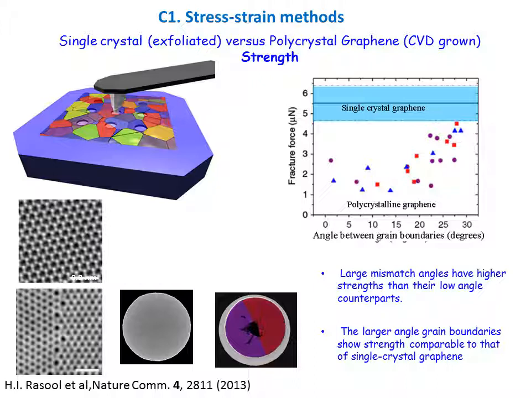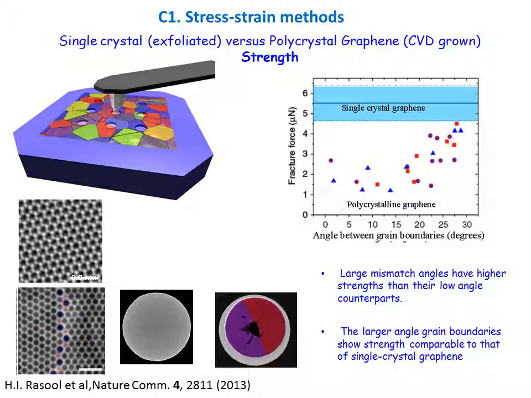This is summarized here, and what you can appreciate looking at the boundary is that it is made of an alternation of pentagons in red and heptagons in blue.